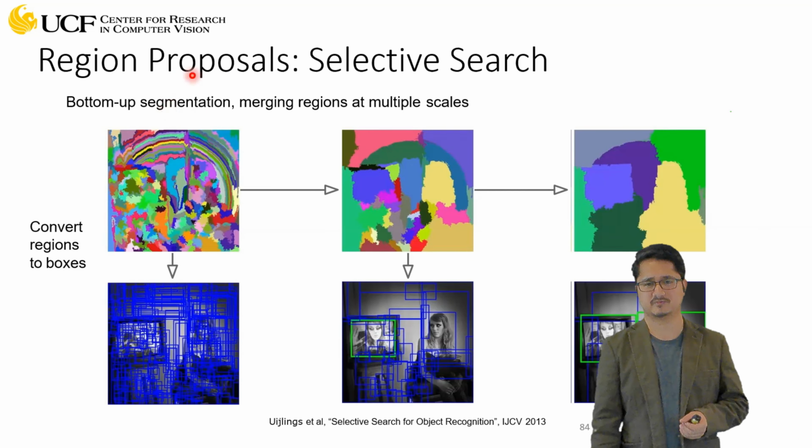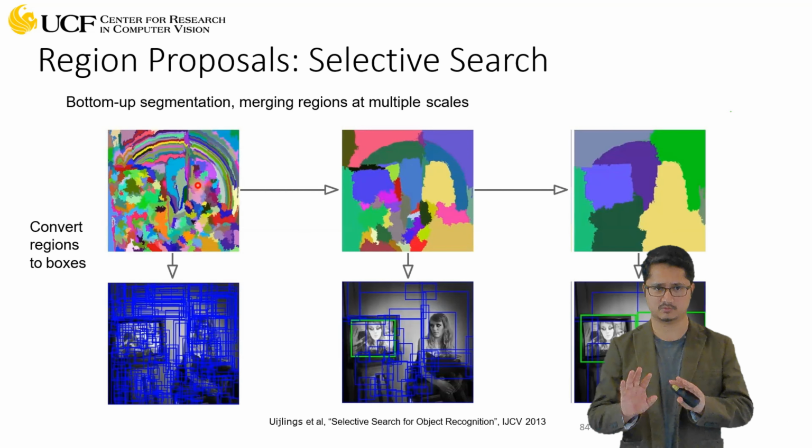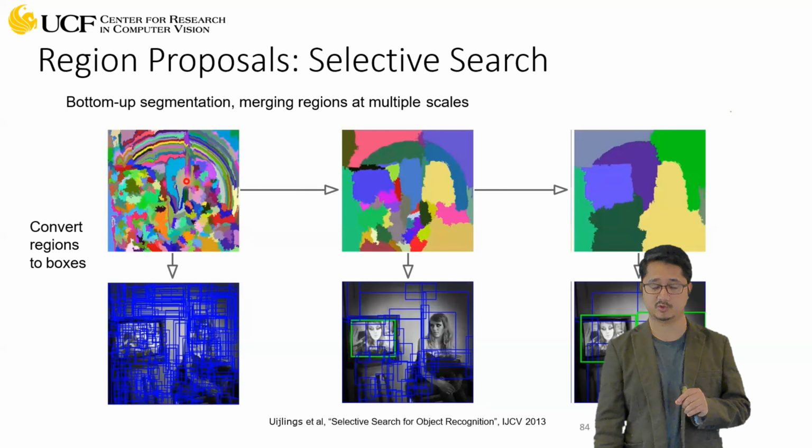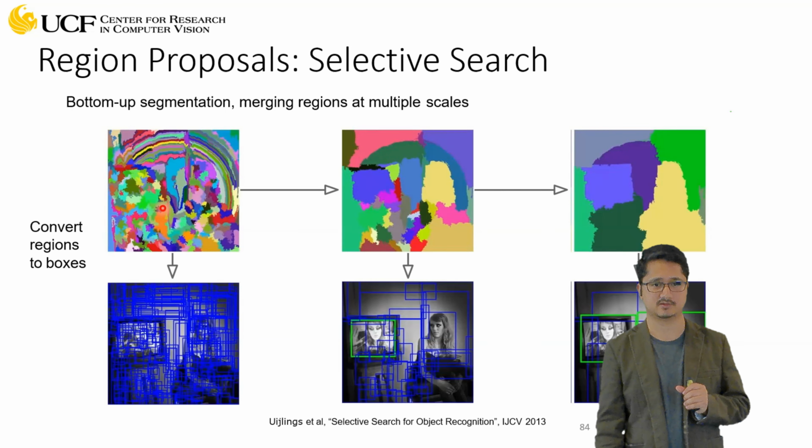Now, I think we can quickly go over this. The idea was you perform some kind of segmentation, and we're going to talk about segmentation later in the course as well. So don't worry about how this can be obtained. We'll cover some algorithms for that as well. But the idea is it tries to group pixels together for similar objects, right? And again, we can do that at multiple scales. This is looking at fine level details.